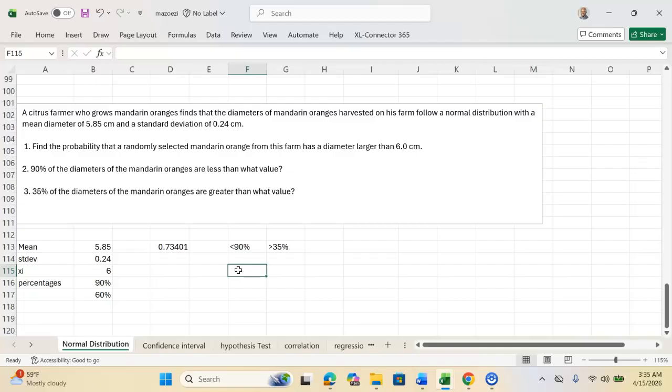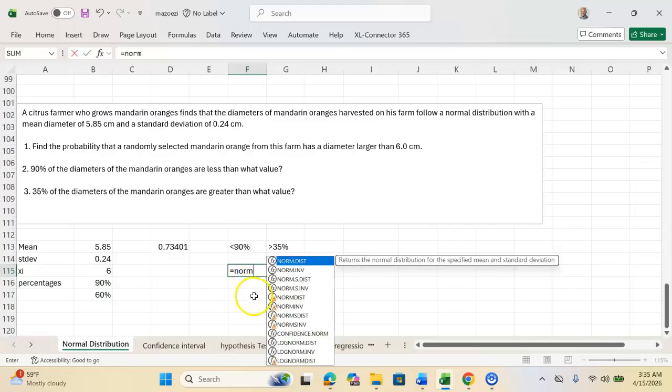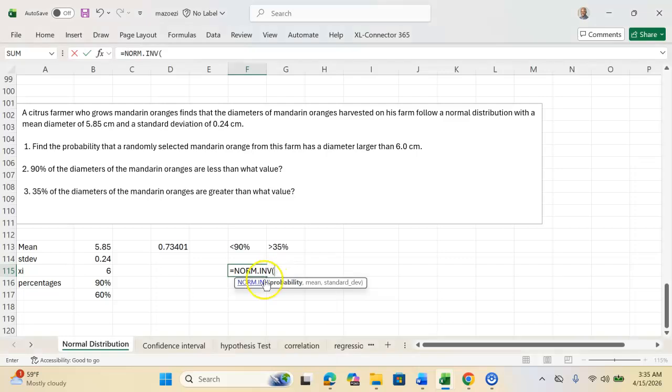So we need to find values. And so in this case, we're going to use norm.inv, where we're going to put the 90% and then average and standard deviation. Close the bracket and enter. And so these are the values.